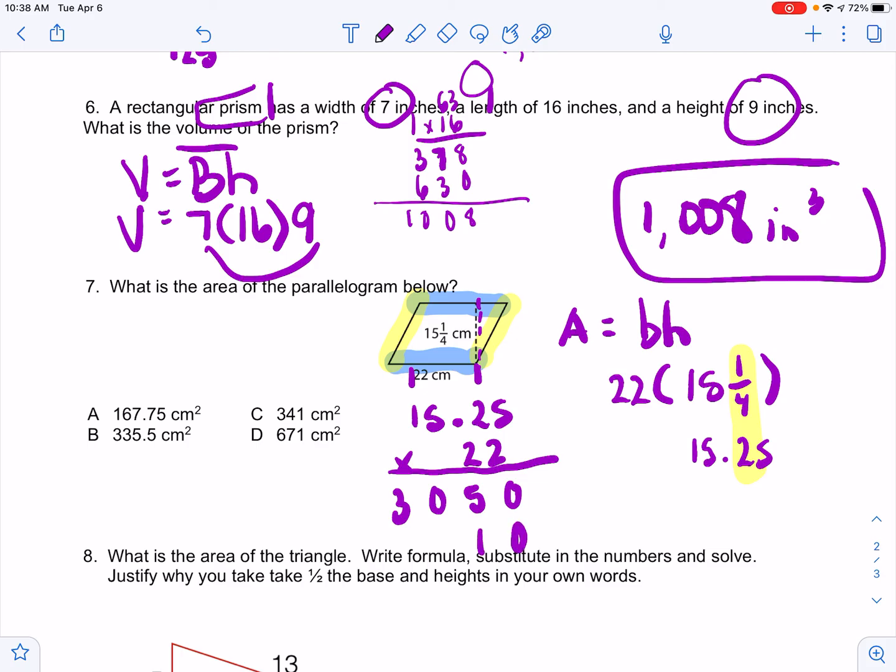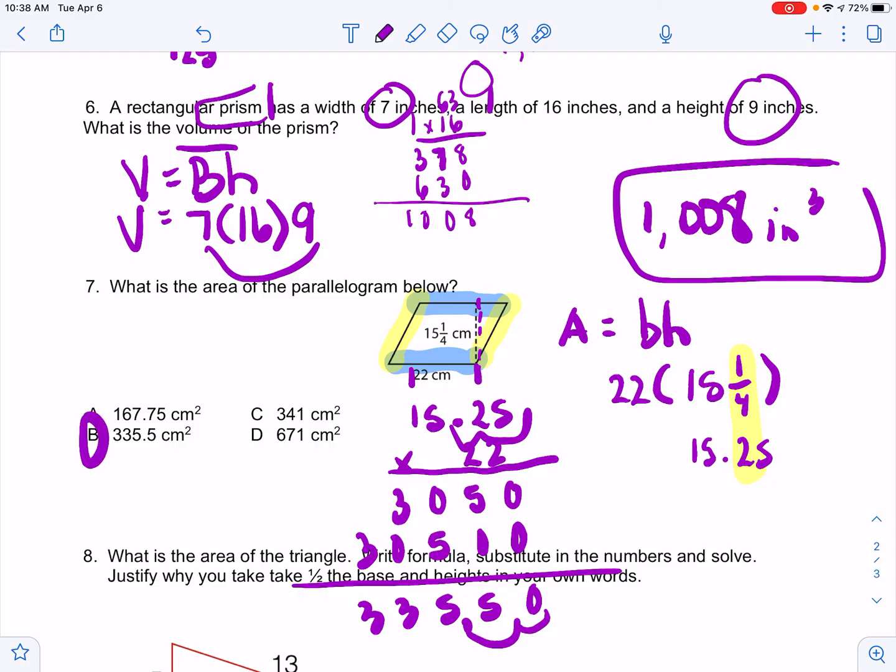They're the exact same number, so you can just rewrite them all down, right? Move your decimal over twice, and then your final answer should be 335 5/10. So your answer is B.